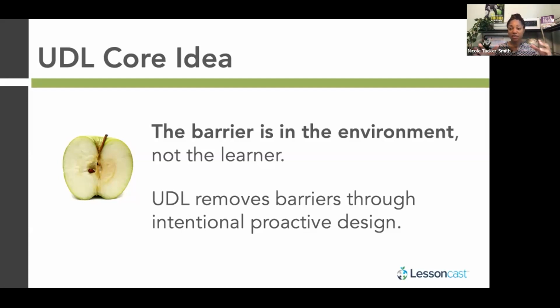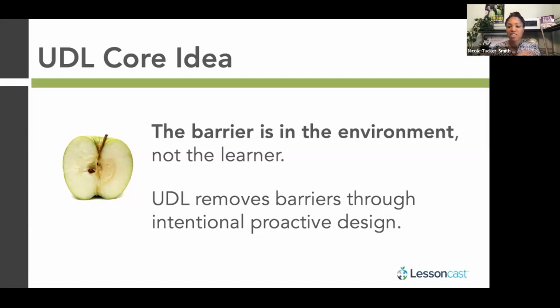And when we shift to thinking about what are the barriers that are in the environment, we're giving ourselves agency and space to address those barriers, to say, these are barriers that I, as the designer of this learning environment, can remove, can adjust. But if I only fixate on perceived barriers within the learner, I'm actually giving up my agency as an educator.